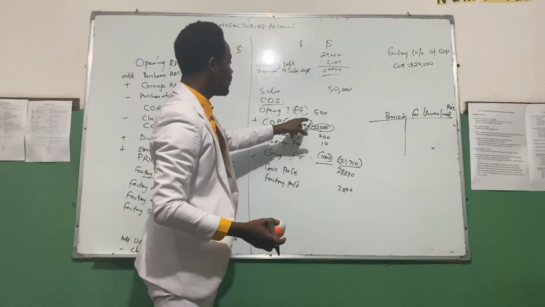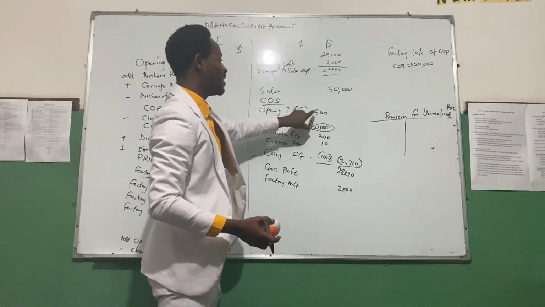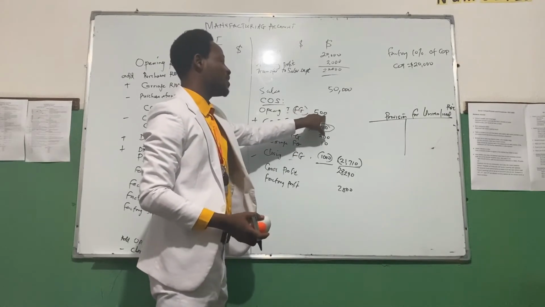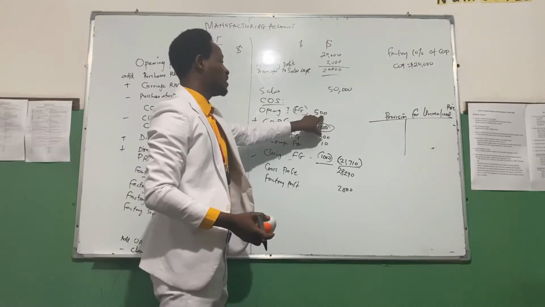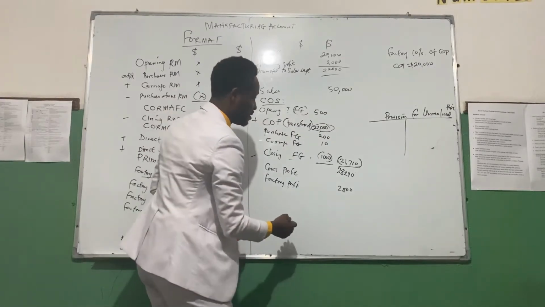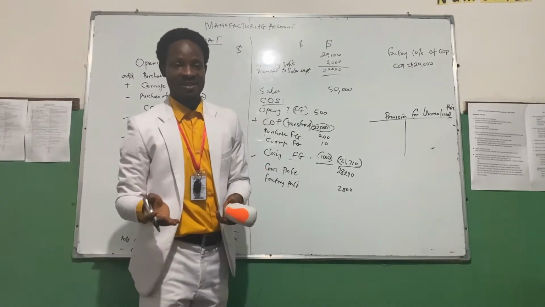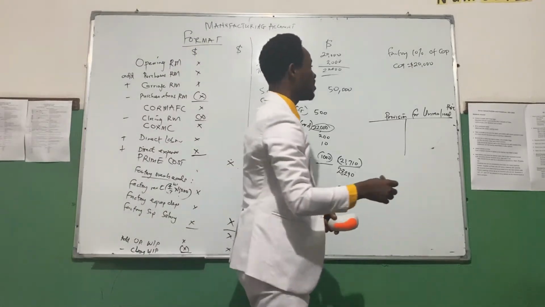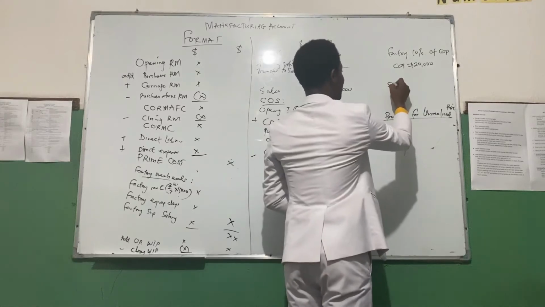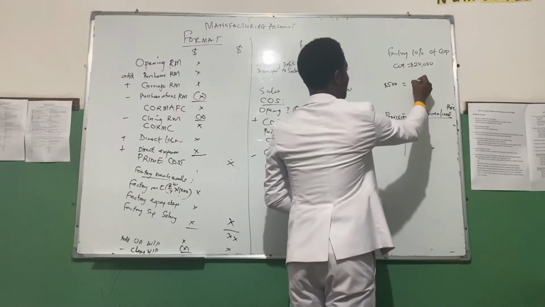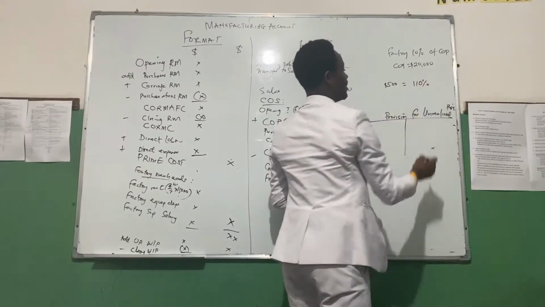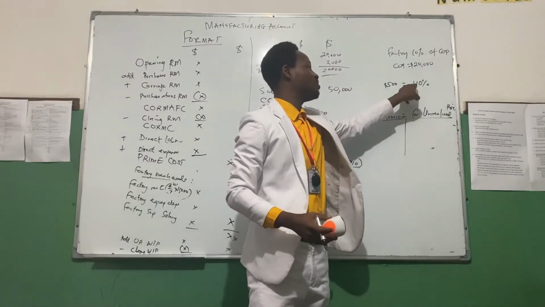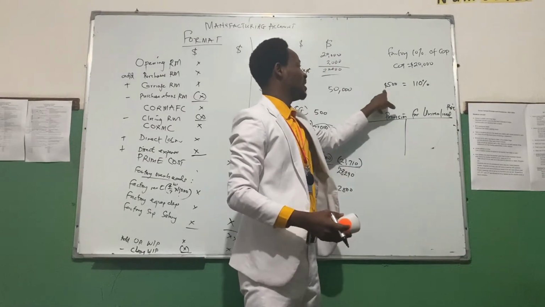So now, if 500 has 100% cost and 10% profit, what is the 10% profit? I will use math knowledge in this case. So math experts, you get this one quickly. $500 is 110%, because the 10% plus the 100% cost is 500.